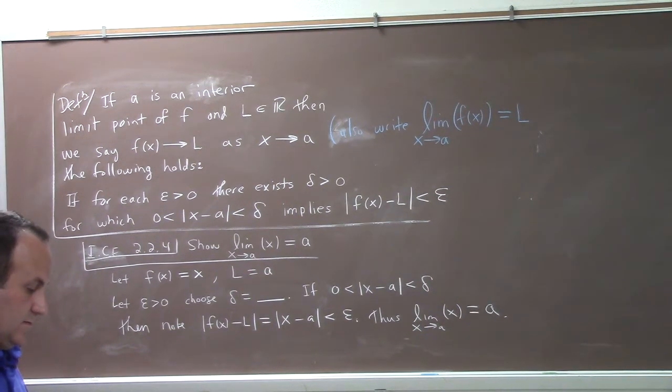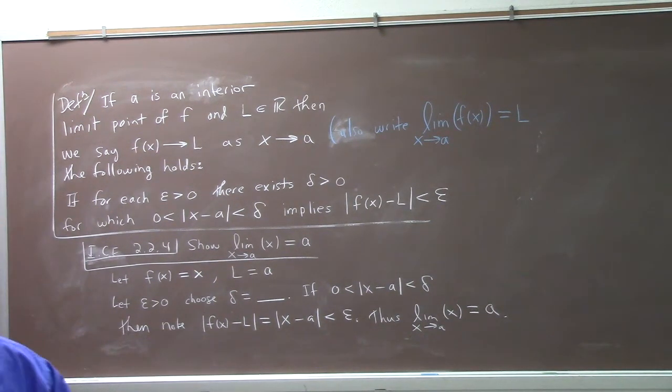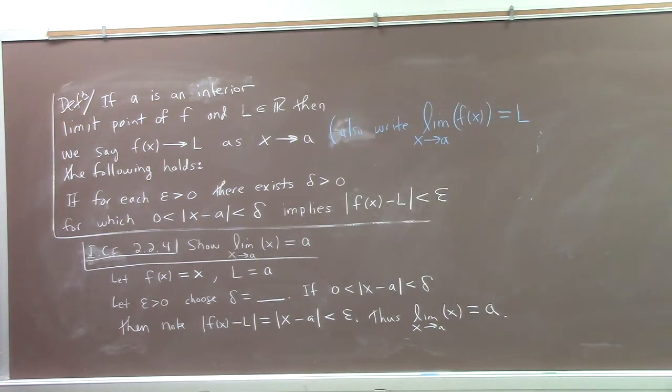So I'll let you guys catch up here. What do you think? You've got to fill in the blank. What should we choose delta to be in this case? Ah, hey, well, you know. Now I feel dumb. Working in the dark for nothing.